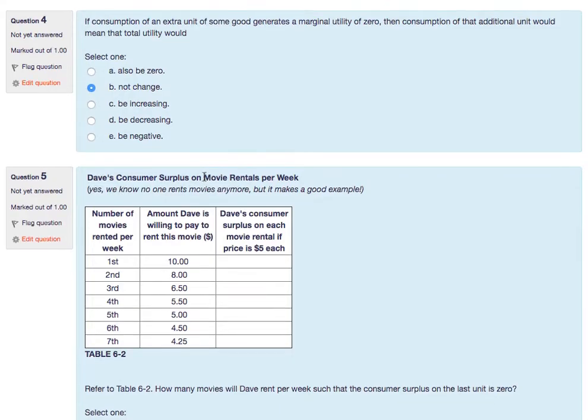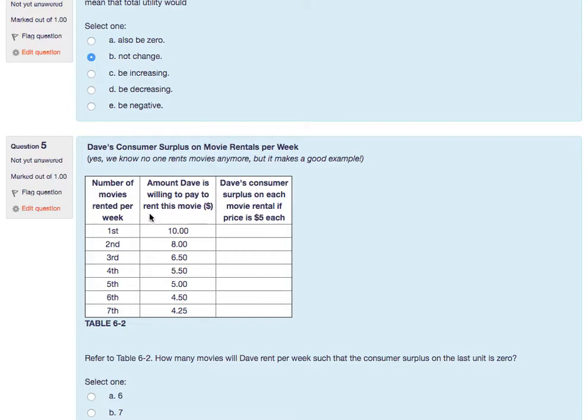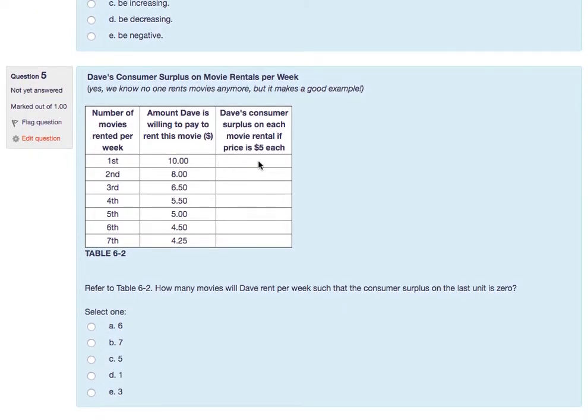Dave's consumer surplus on movie rentals per week, even though we don't really rent movies anymore, is represented as such that his willingness to pay for the first movie is $10 and it drops the more he rents. If he pays $5 for each movie rental, that first unit he would get $5 of consumer surplus because his willingness to pay is greater than what he pays, then $3, then $1.50, then 50 cents, then 0, then minus 50, minus 75.